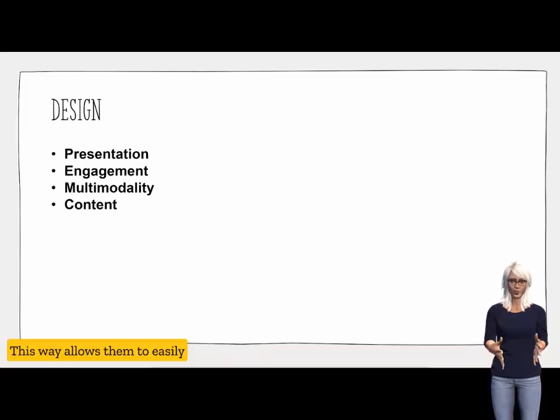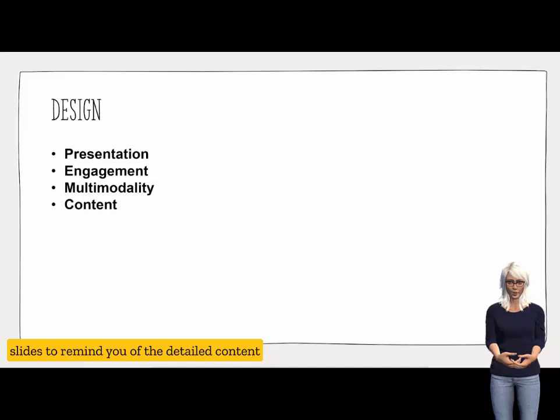This way allows them to easily follow your logic and your talk. You can prepare notes under each of your slides to remind you of the detailed content you'd want to share with your audience.